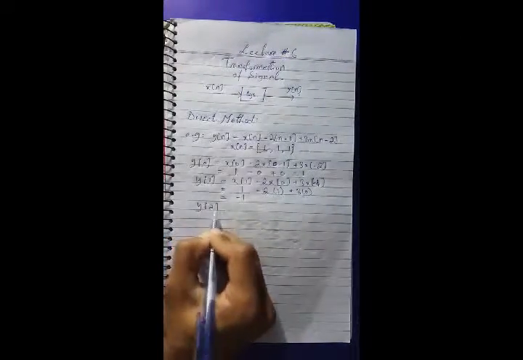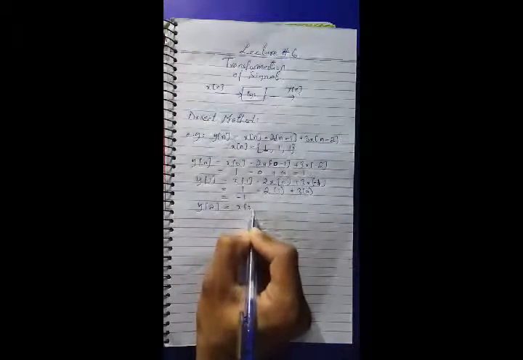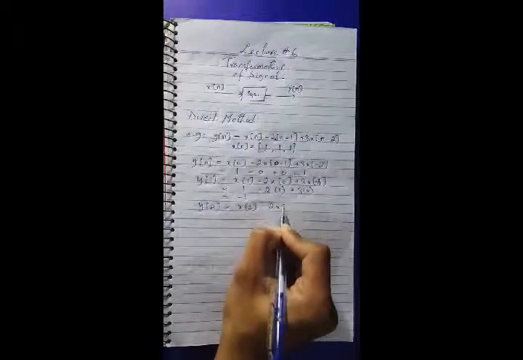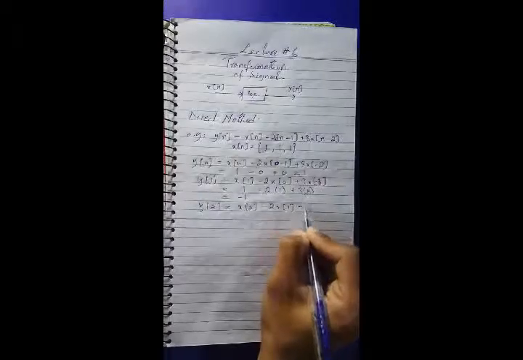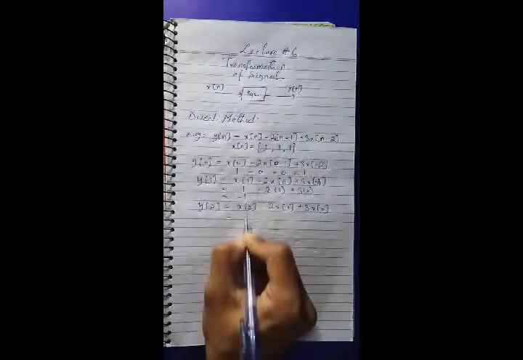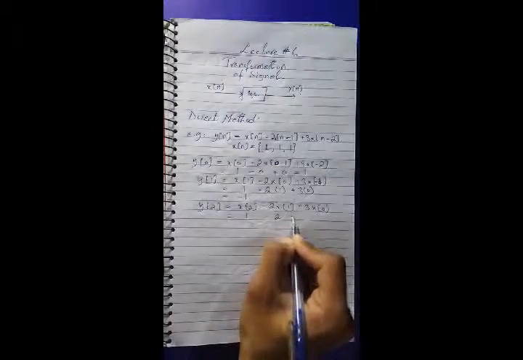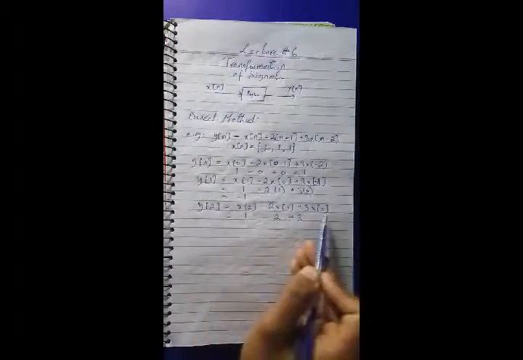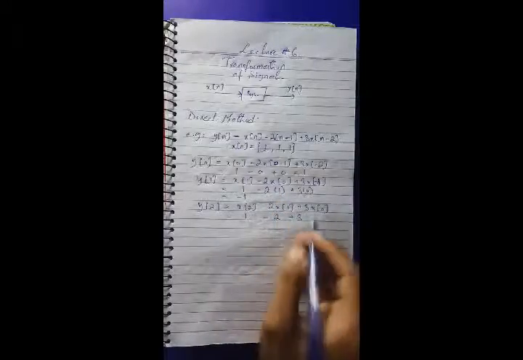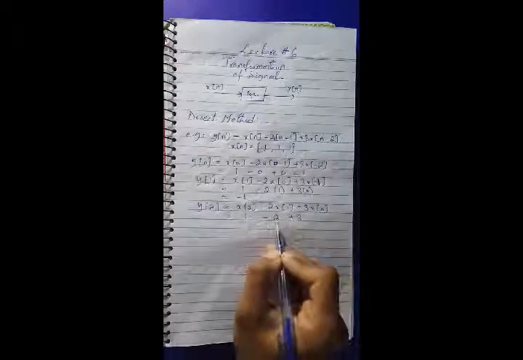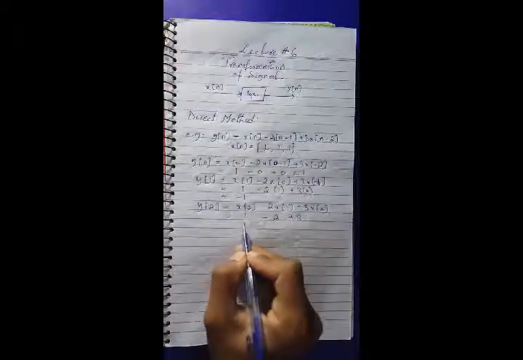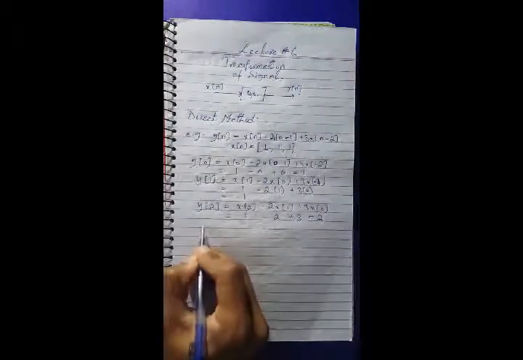Now we'll find y of 2, which is equal to x of 2 minus 2 into x of 1 plus 3 into x of 0. Here it is 1 minus 2 plus 3, because at all these indices we have 1, 1, 1. So we get 2.